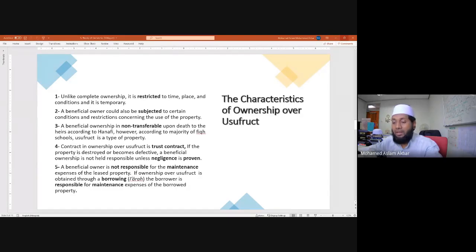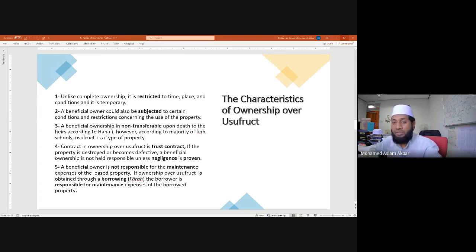For example, you have an apartment and you gave it to someone for renting. So someone is staying there as a tenant. In this case, you are the owner, but you are not the complete owner, because there is also a beneficial owner. What I mean by the beneficial owner is the one who stays in the house, who utilizes the usufruct of the house.